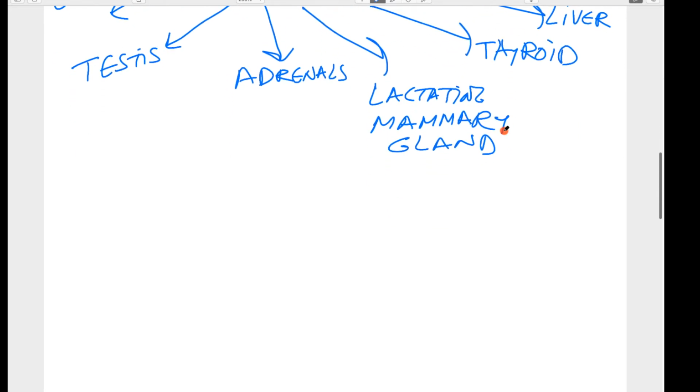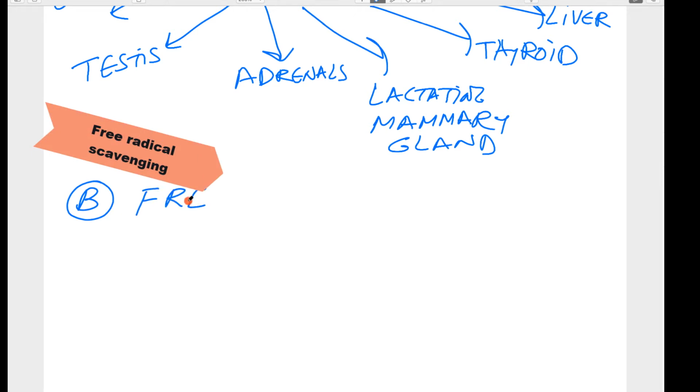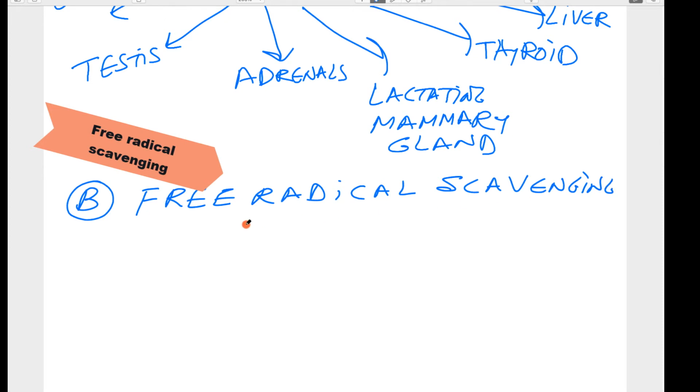Next, we will study the role of NADPH in free radical scavenging, which means removal of free radicals. What are free radicals? First, I would like to explain what a free radical is.